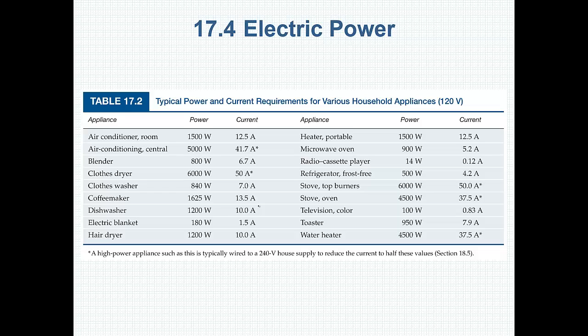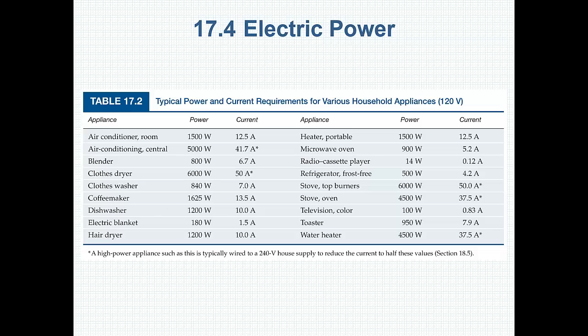Looking at just the power usage of some different devices inside the home. First off, some general electrical devices. A coffee maker is about 1600 watts. A blender about 800 watts. A microwave about 900 watts.